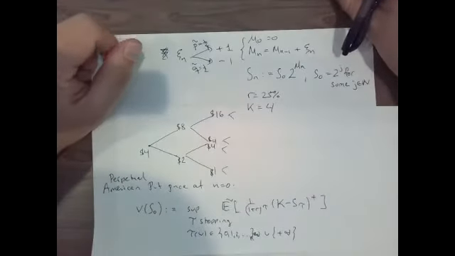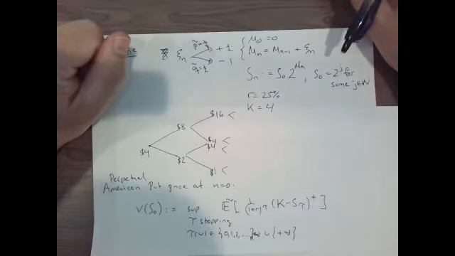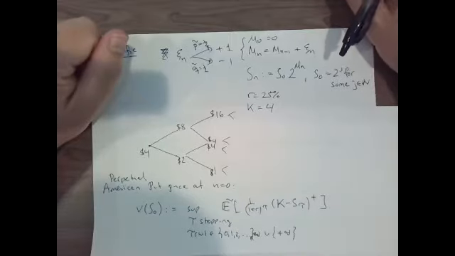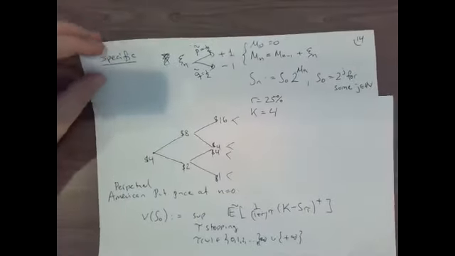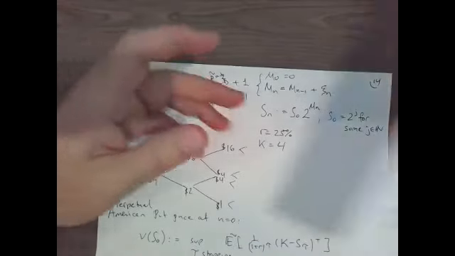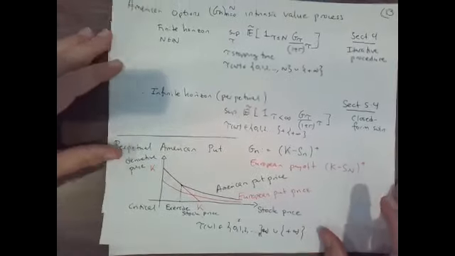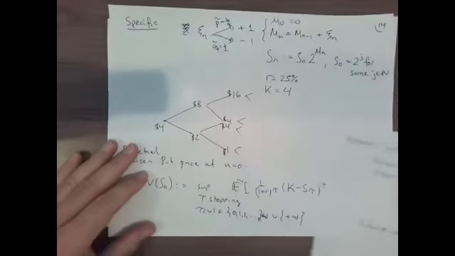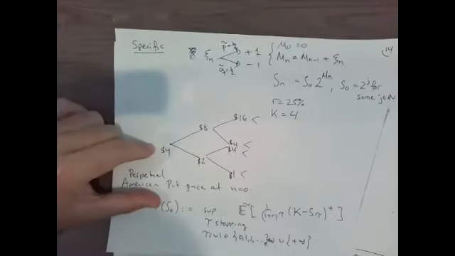There was a question in the chat. Let's see. Isn't tau equal to 1 since it goes above 4 in the first step? How do you know that? How do you know that it goes above 4 in the first step?